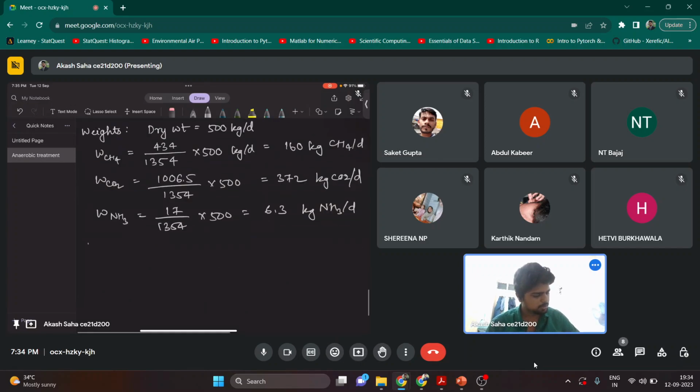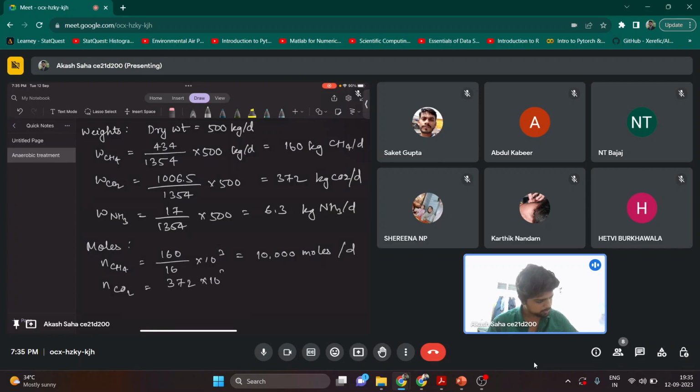And if we find the moles, so moles of CH4 will be equal to 160 kg divided by 16. The molecular weight of methane is 16, into 1000. We are changing it to moles. So it will be 10,000 moles per day. And CO2 will be equal to 372 into 10 to the power 3 divided by CO2 is 44.